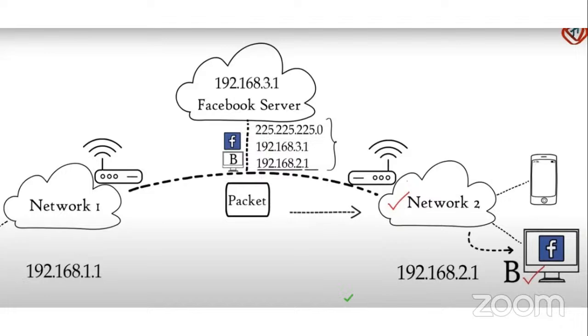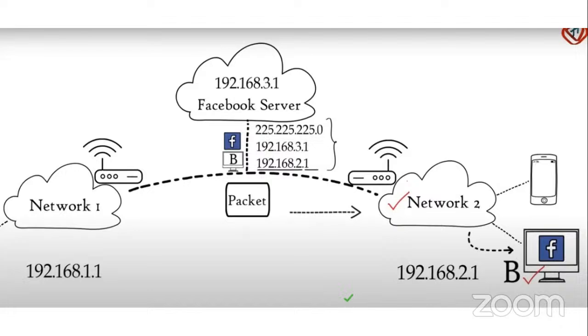There are two networks connected to the Facebook server, network 1 and network 2. To which network does it have to travel? 192.168.2 indicates that network. So 192.168.2 belongs to network 2, and .1 represents system B in network 2.